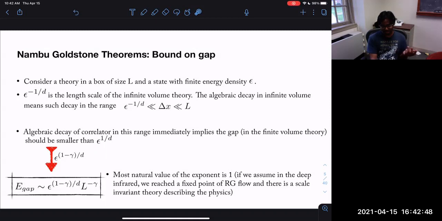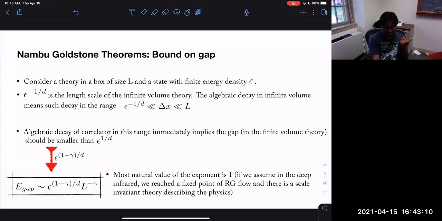Because if the gap is not smaller than epsilon to the power 1 over d, then we will not have an algebraic decay. Rather, we will see it as a mass term, and there will be exponential decay. So the fact that we have a power law decay immediately tells you that there has to be a gap which is smaller than the inverse of this length scale, which is the energy scale.